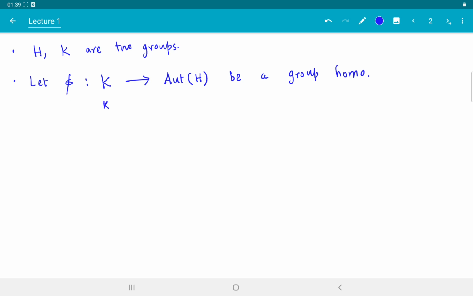So it actually takes an element small k to an automorphism from H to H.